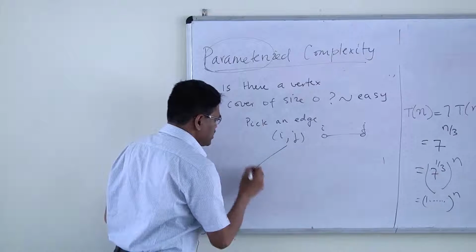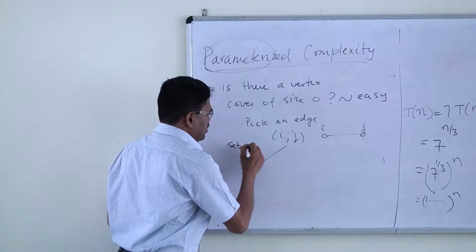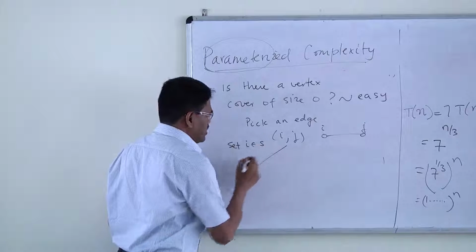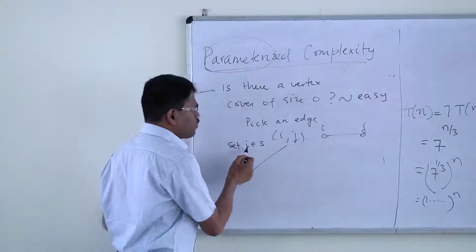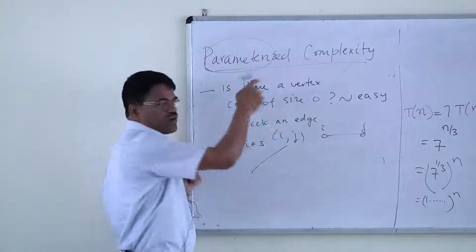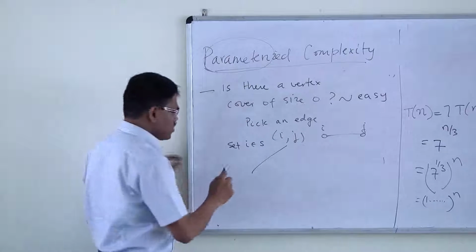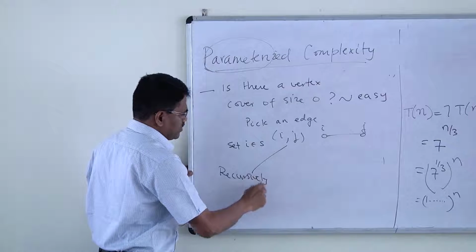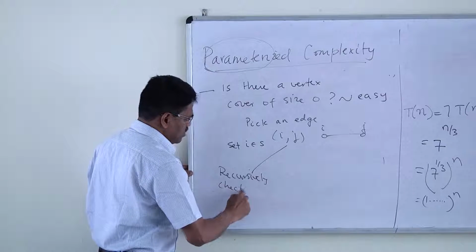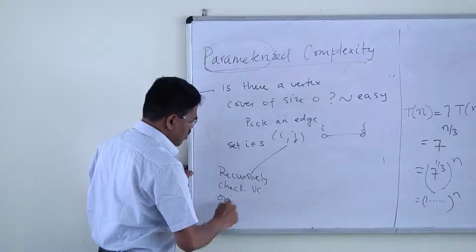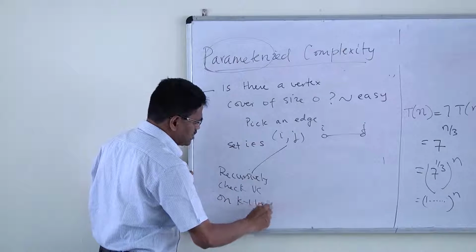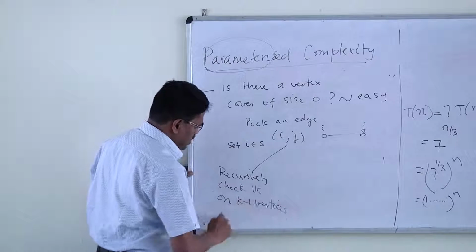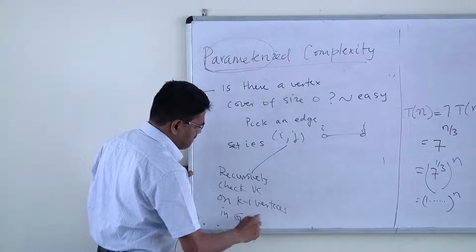In one branch, put i in S and recurse. I already have picked one vertex and I'm looking for a vertex cover of size k, so recurse: check for a vertex cover on k minus 1 vertices in G minus i.